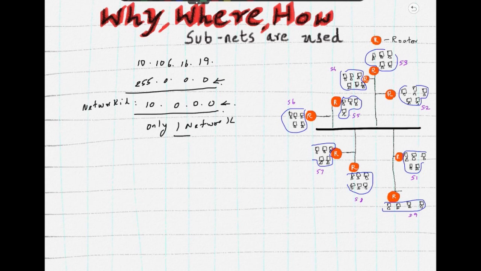In a class A address, the first portion is the network portion and the remaining are all host portions. The class A address range is from 0.0.0.0 to 126.255.255.255.